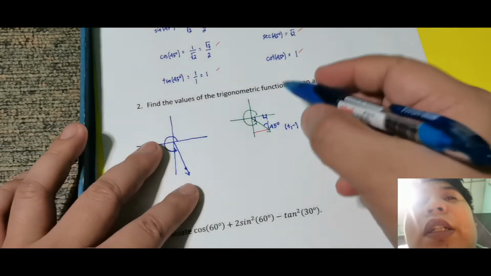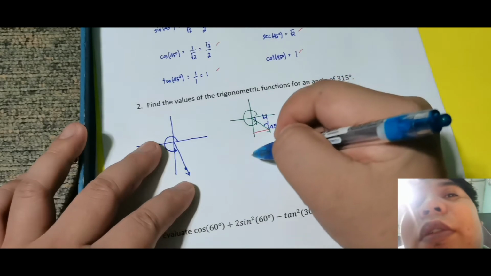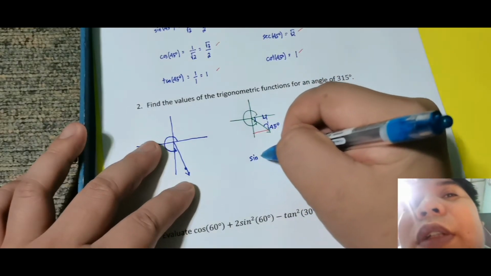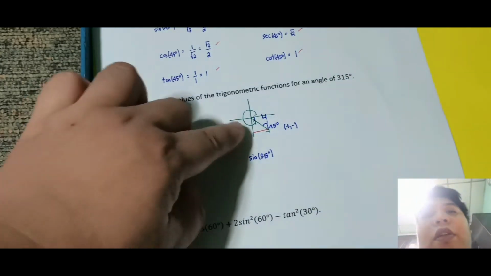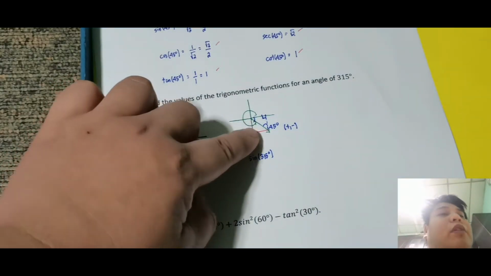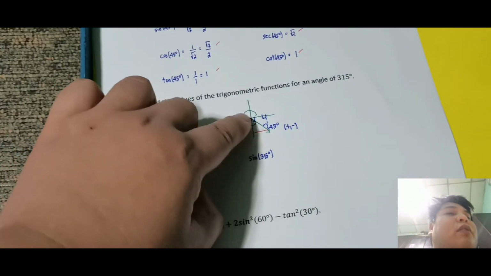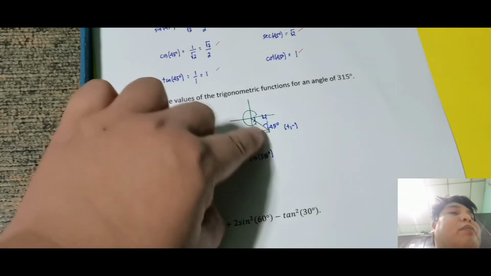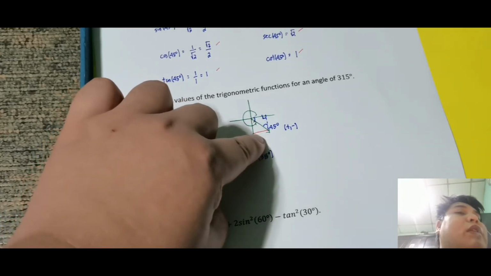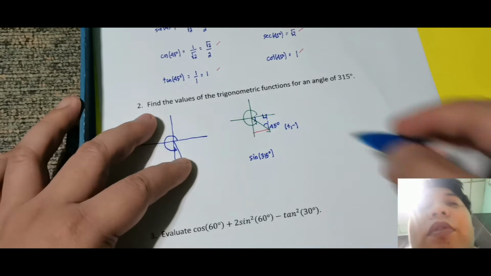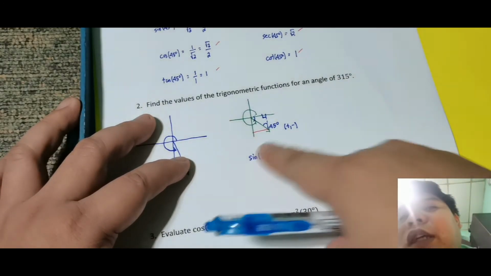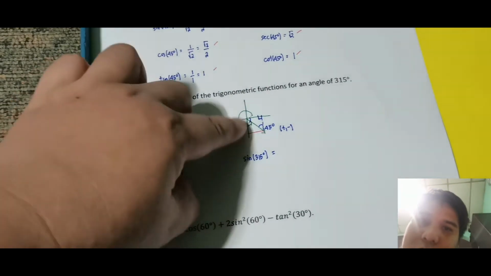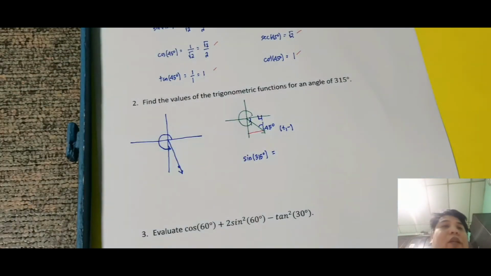Okay, so check natin na. Sin 315 degrees. Hindi dito yun. Okay, so yung opposite niya is ito. Yung positive. Okay, so that is positive 1 over square root of 2. Check ko lang dito sa values.